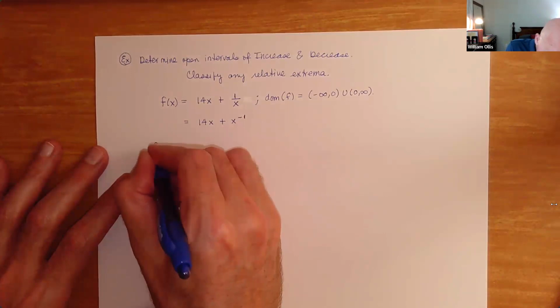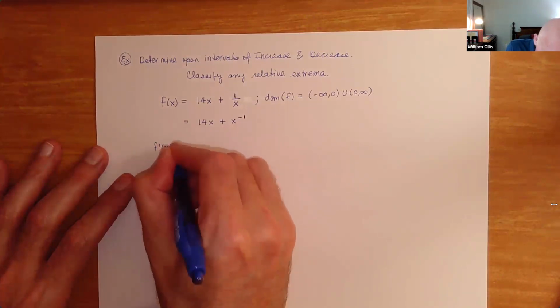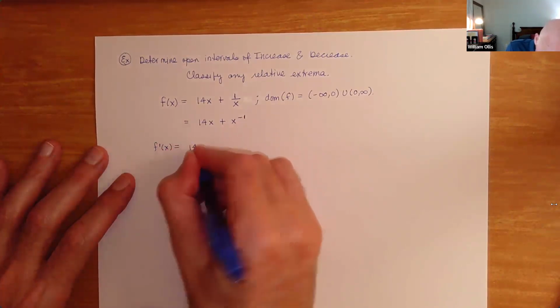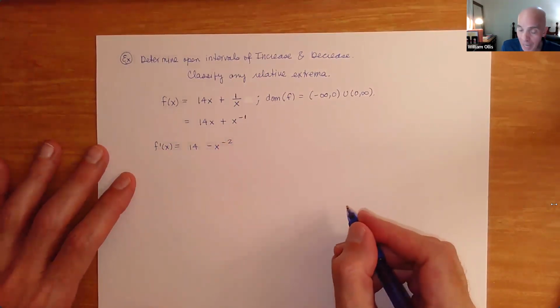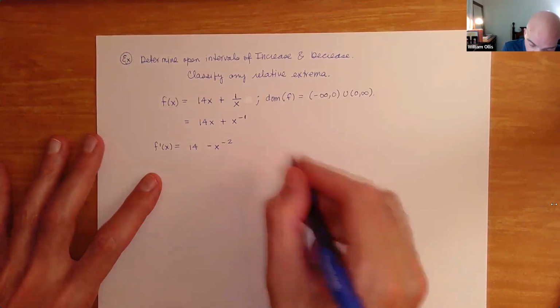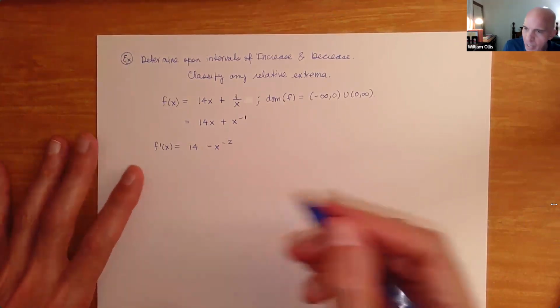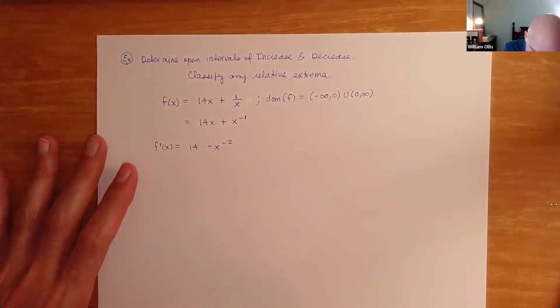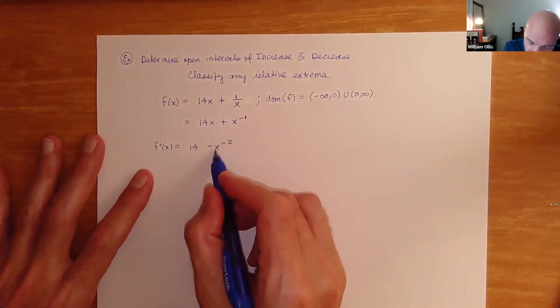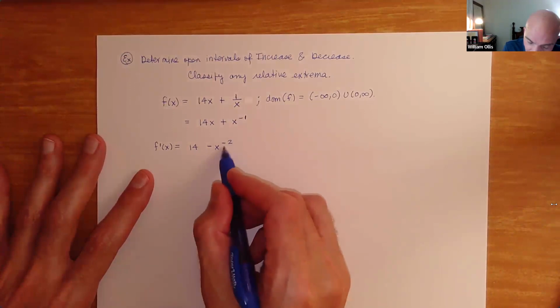So we have f prime will just be 14 minus x to the -2, just using the simple power rules. So when you look at this, you're like, okay, well, we're ready for a common denominator or a factorization. Now notice here's the value of x to the -2.